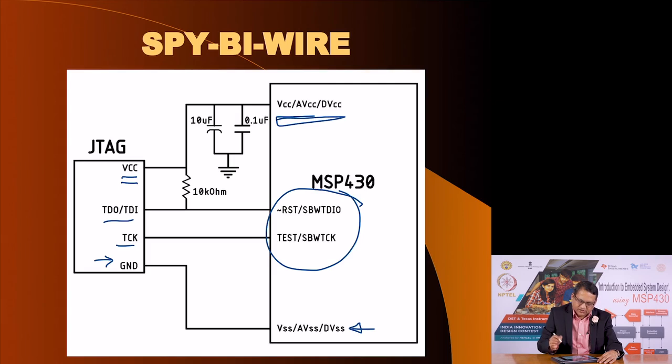And then using these 2 wires, you can program and emulate the program inside the microcontroller after you have downloaded it. So, this is one option, and this is typically used on the MSP430 launchpad, which is an official microcontroller platform.